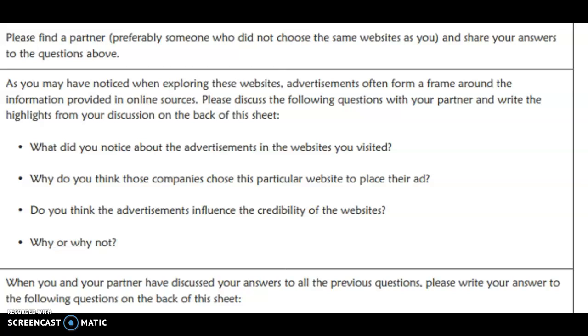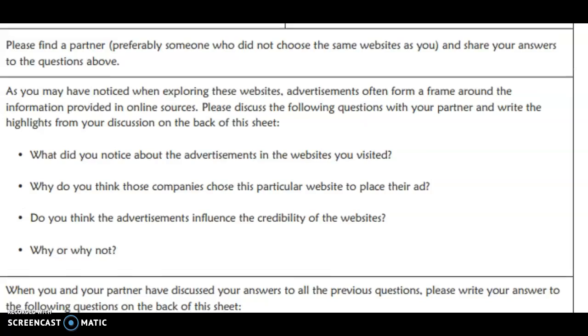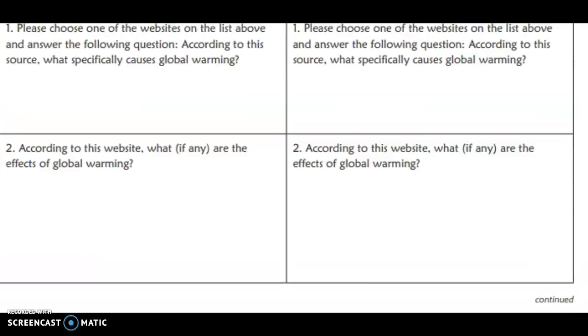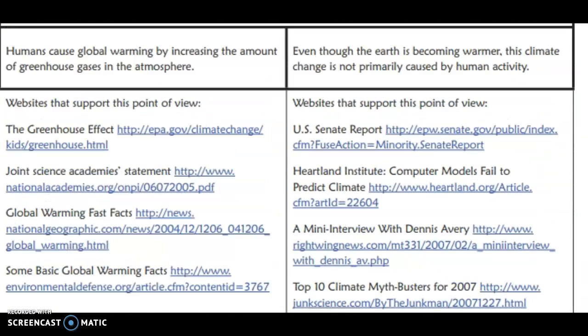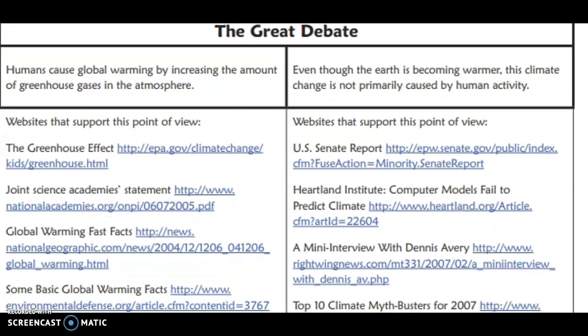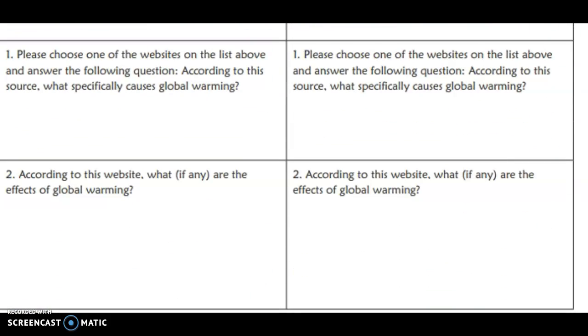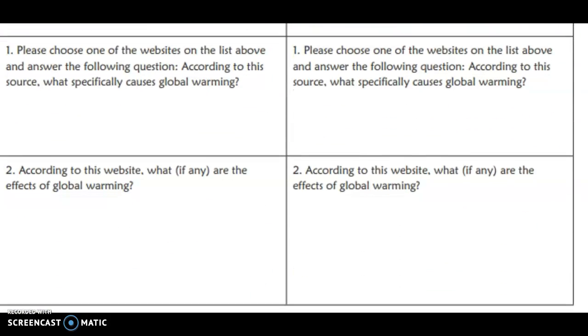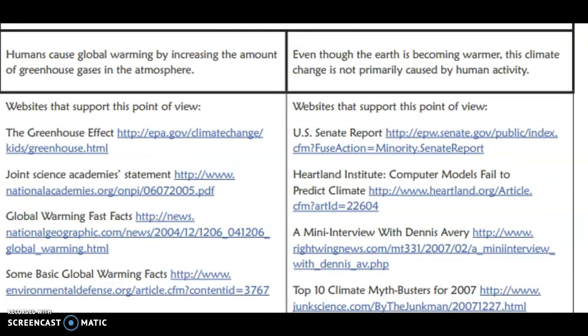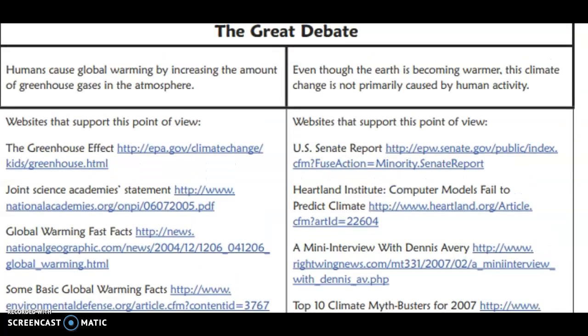But I think what we're going to do is hold off on this part, because the actual research part that you're going to be doing, let me scroll back up for you, here of the great debate, and evaluating these websites and then answering the 4 questions about the website, I think that is going to take the majority of our time today, okay?